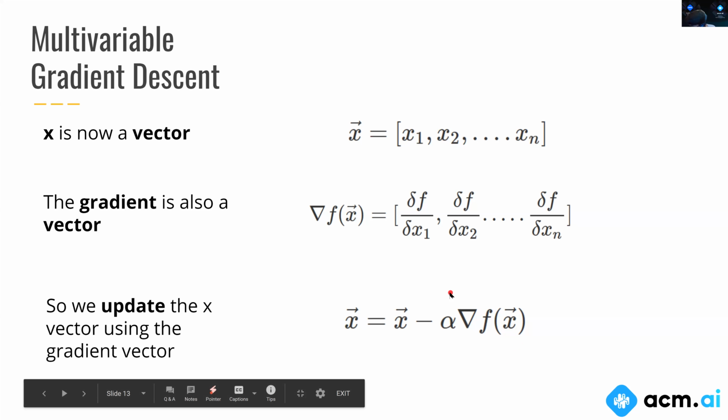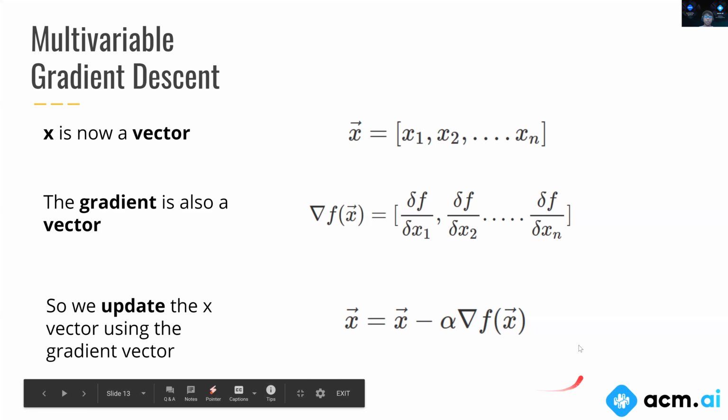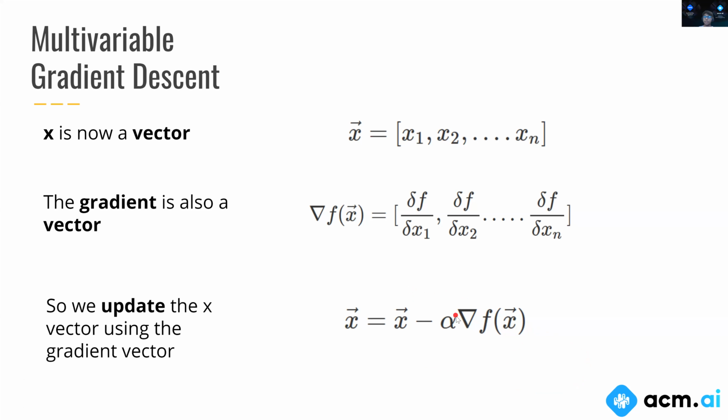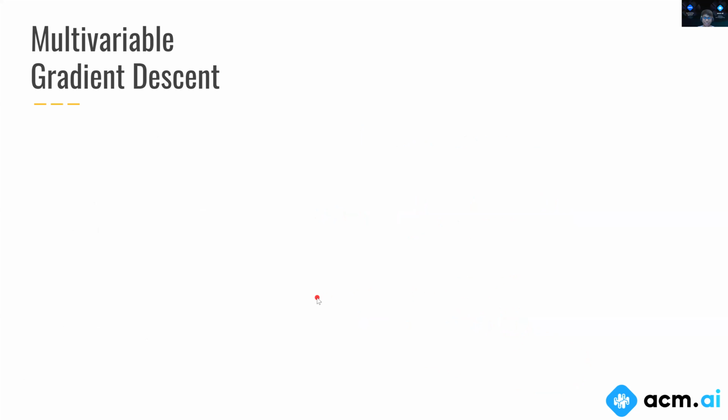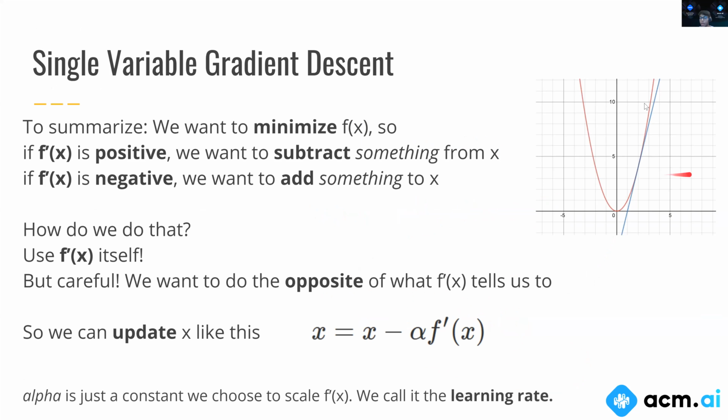Is the gradient along the function or perpendicular to it? That's a really good question, and the answer is slightly involved. Let me go to a previous slide. Okay, here you go. So the gradient, as you see here, is pointing in the direction in which you minimize the function.